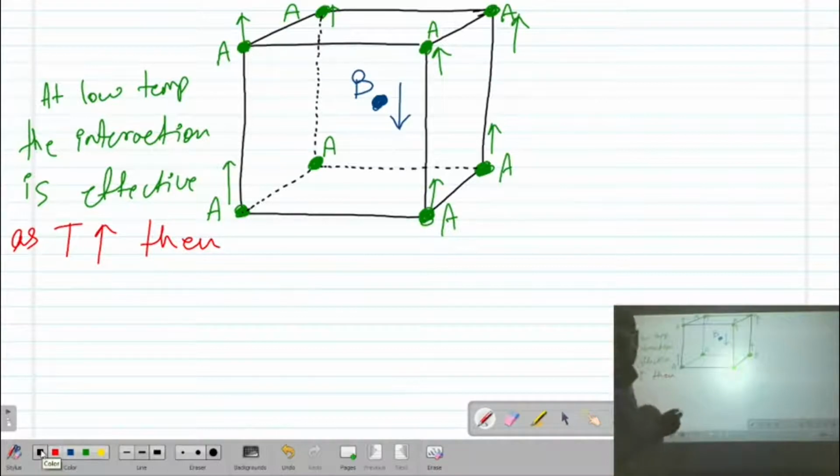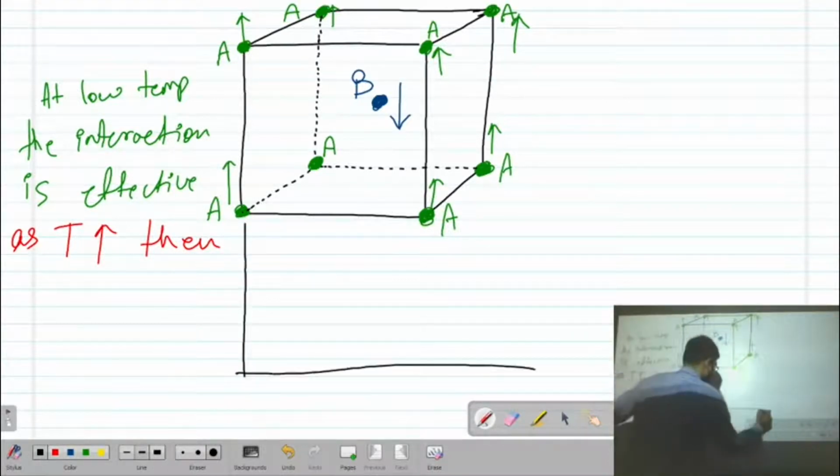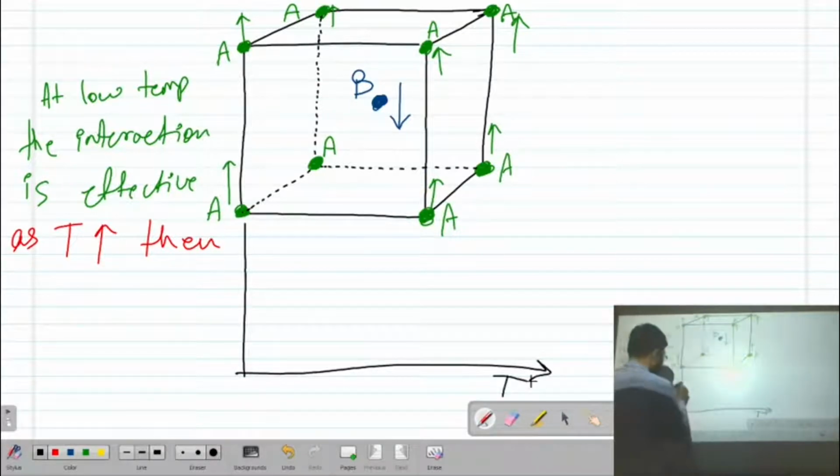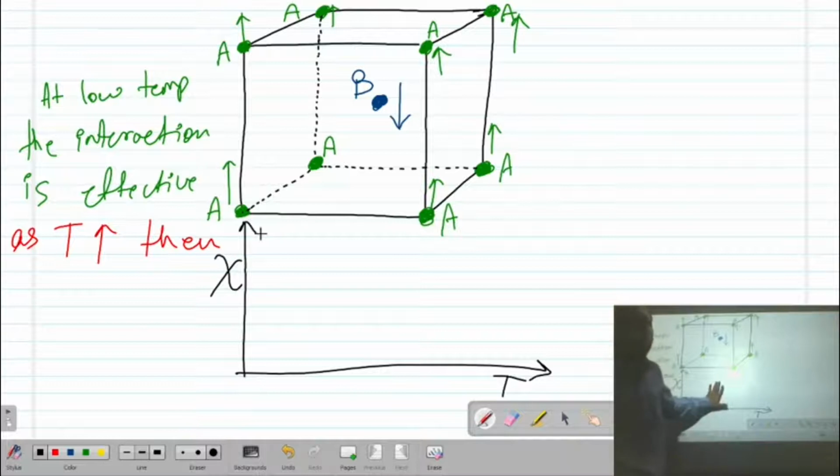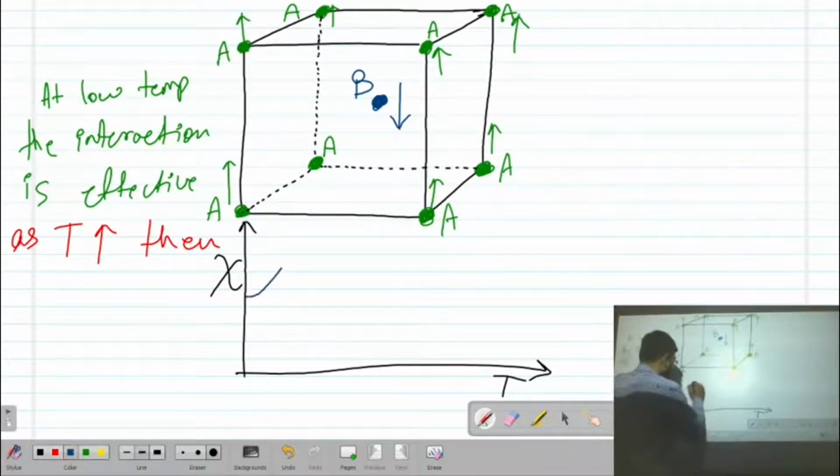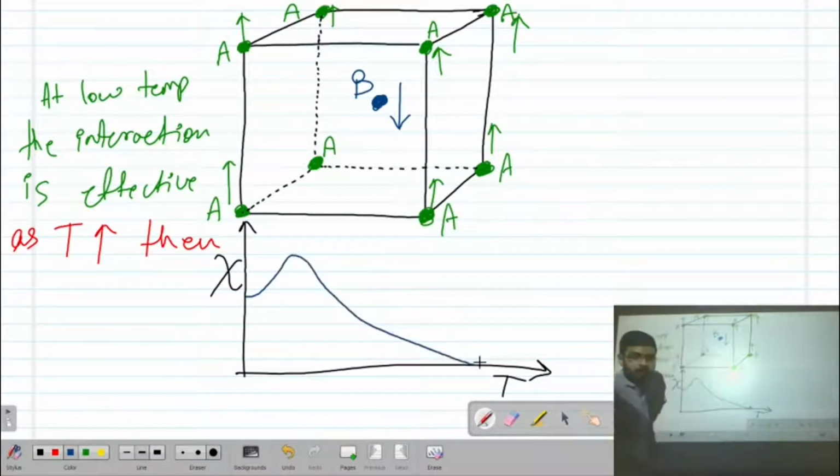For that, let us see another graph of temperature versus susceptibility. This is the graph for antiferromagnetism, susceptibility versus temperature. You will find that it has this kind of curve, a little bit more unsharp over here.